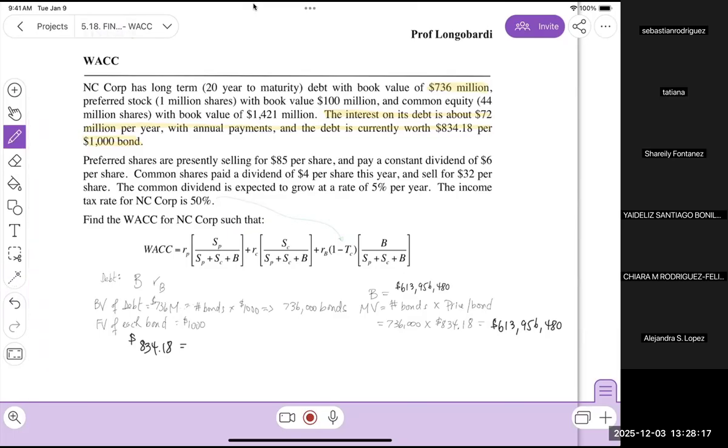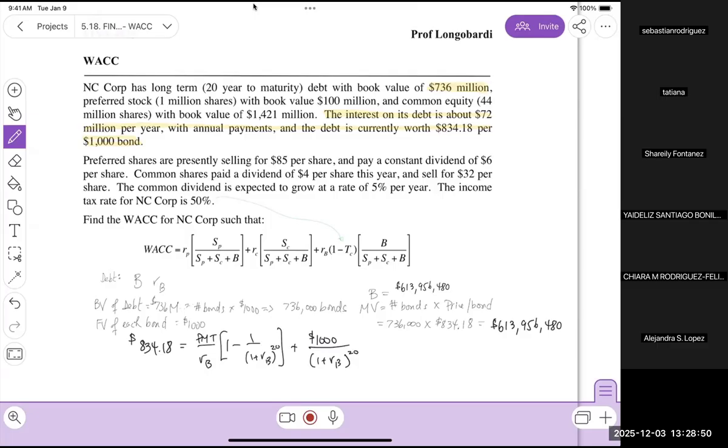So if we were to write this equation, we would need the payment. The interest rate is what we want, right? We want the yield to maturity. And then we need this. So this is the formula, but we're missing how many years? 20 years.